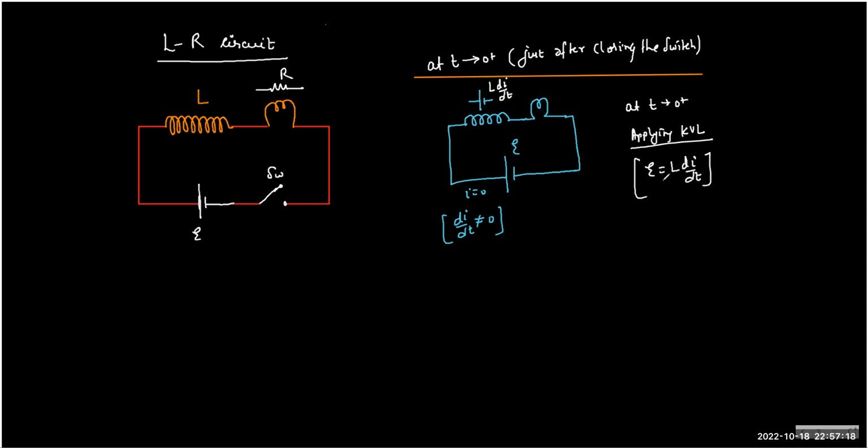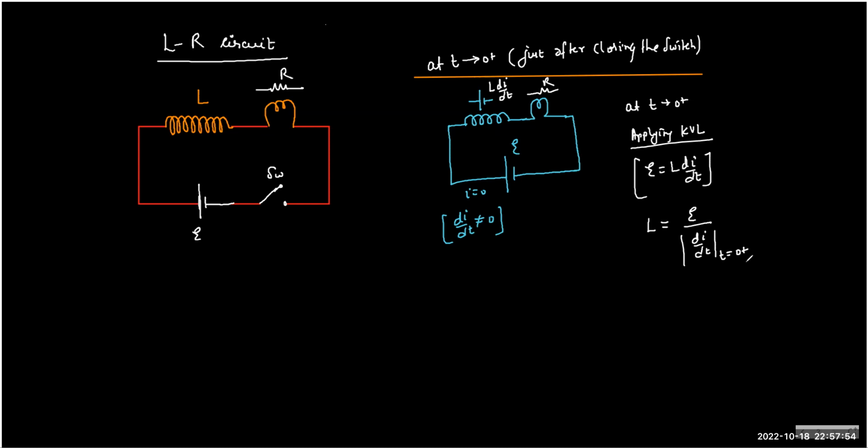Because this is the only EMF, we can write plus E minus L di by dt equals 0. The resistance is nothing, right? IR is not there, there is no I. Yes, sir. So this also gives a very nice formula, that L we can rewrite as: L is defined as the EMF applied upon di by dt at t tends to 0 plus.